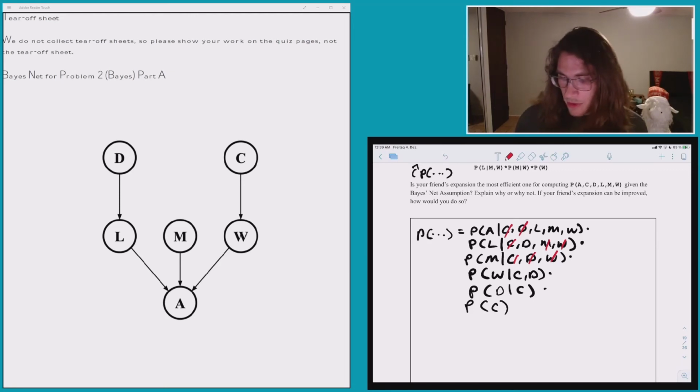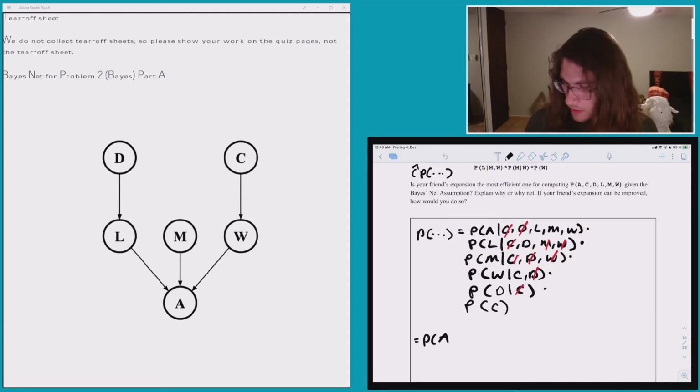The probability of W given C is therefore independent of D, which has nothing to do with it, and then D and C don't have parents and are not connected directly in any capacity, so they're independent of each other, and that is more or less the final expression. Let me just write it out clean.